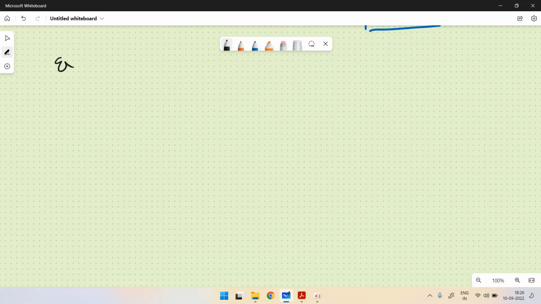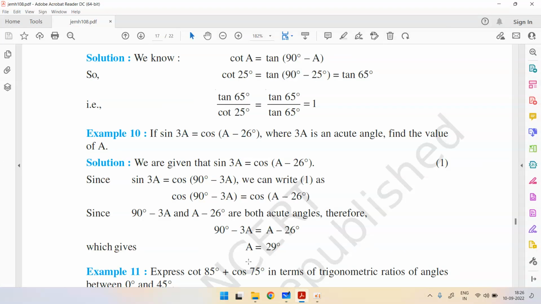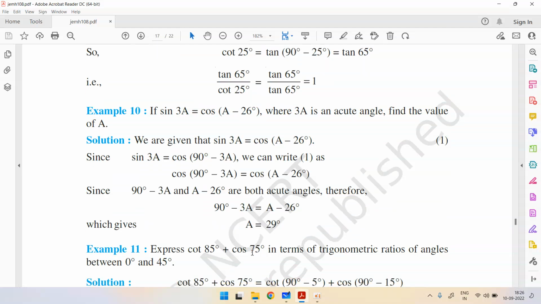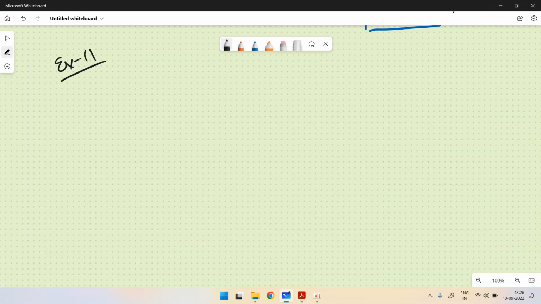Now next, example 11. Express cot 85 degree plus cos 75 degree in terms of trigonometric ratios of angles between 0 and 45 degree. You need to express it in 0 to 45 degree only. So, cot 85 plus cos 75.